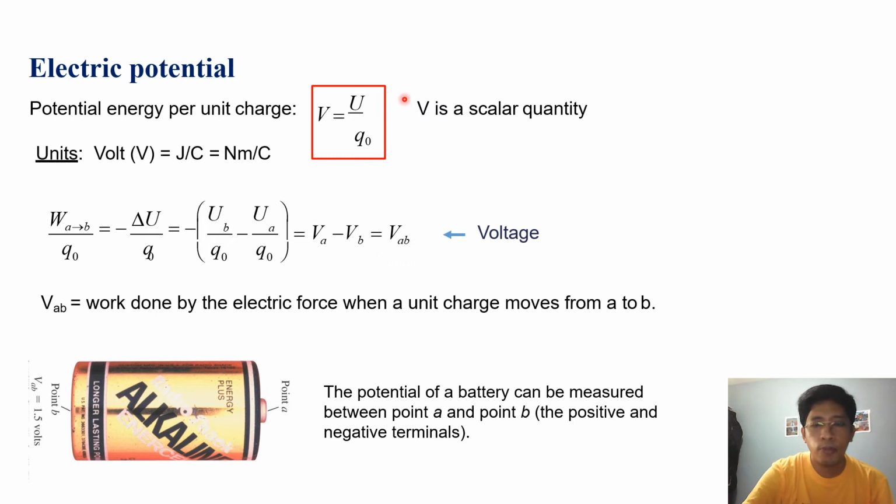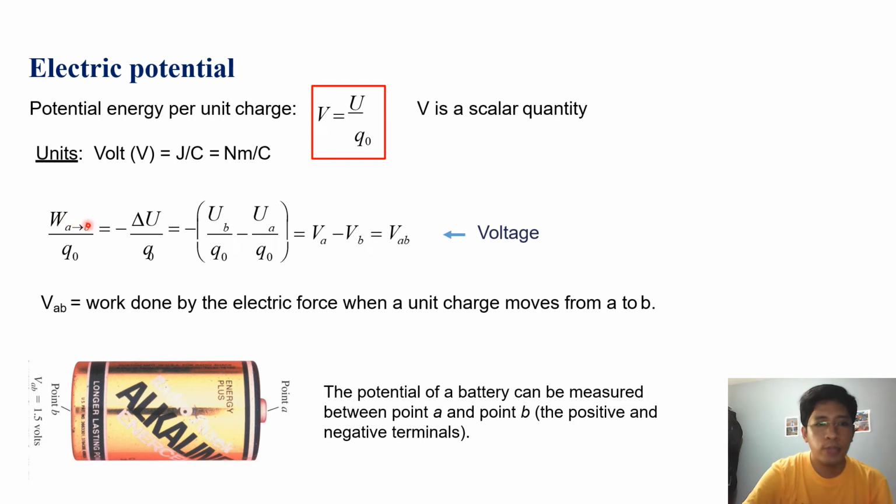And here your potential is a scalar quantity, and it has units of volt, where 1 volt is equal to 1 joule per coulomb, or 1 newton meter per coulomb. And since the electric potential is potential energy per unit charge, let's find this one here.